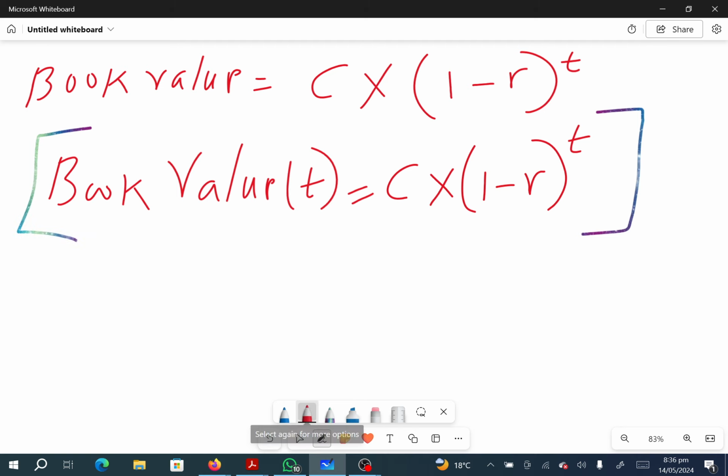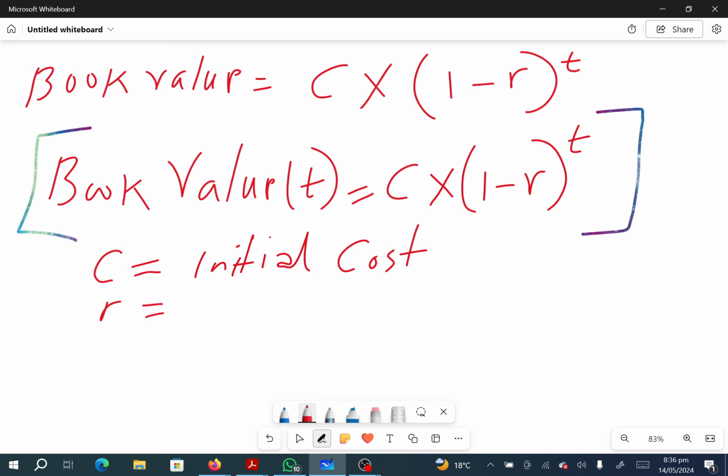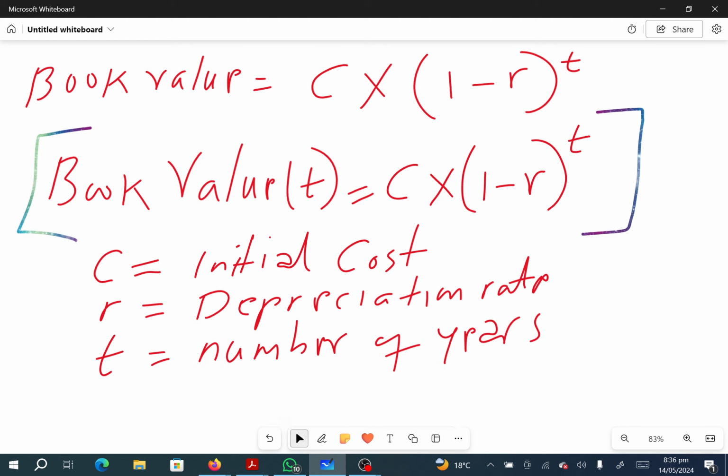Where C is the initial cost, R is the depreciation rate, and T in the formula is the number of years.